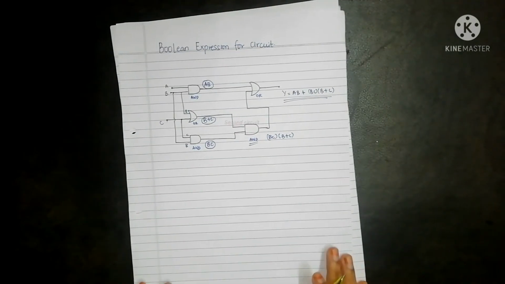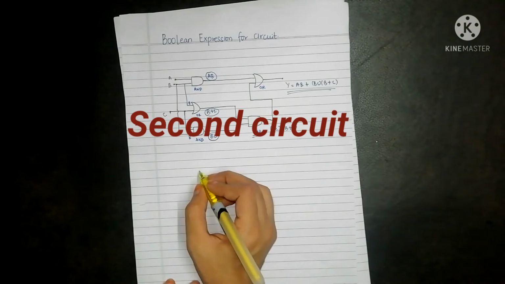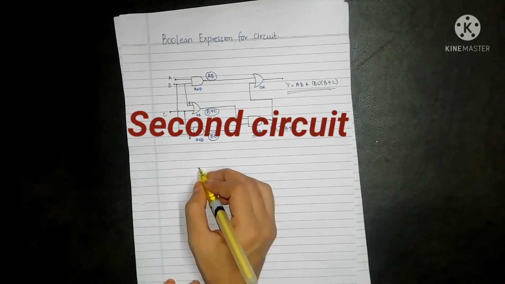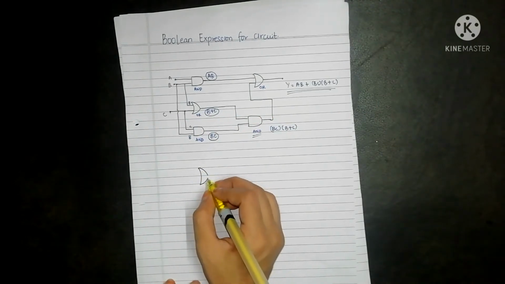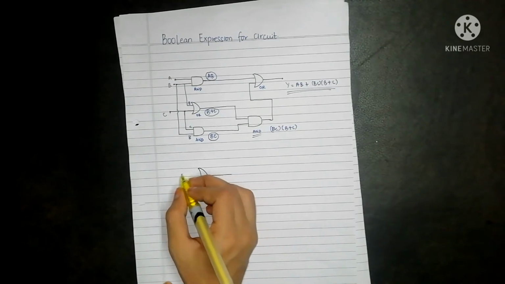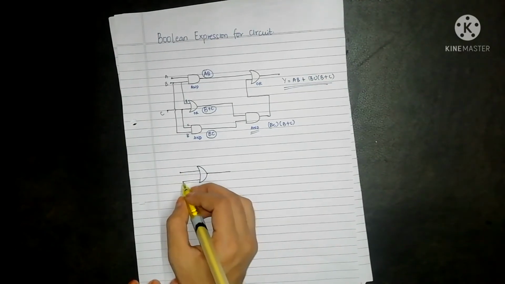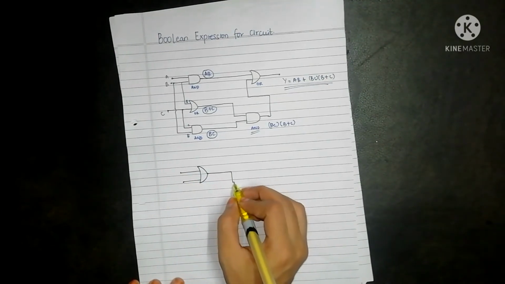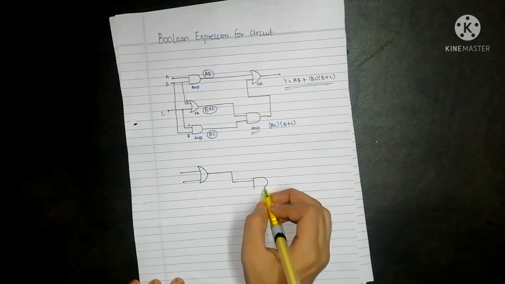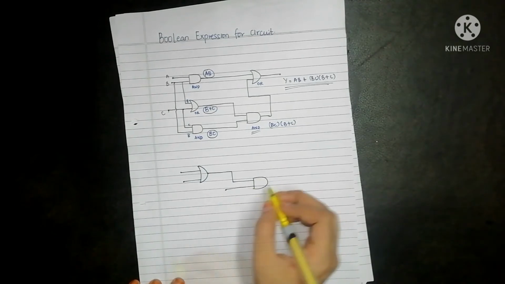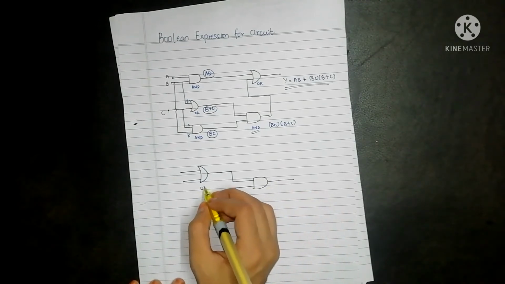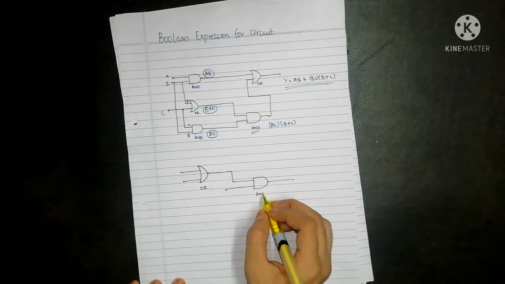Now let's see a little simpler circuit. We will draw the circuit and write the expression for it. As you can see, this is the OR gate and this is the AND gate.